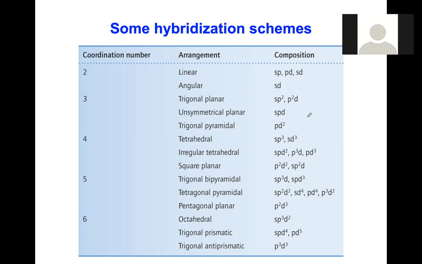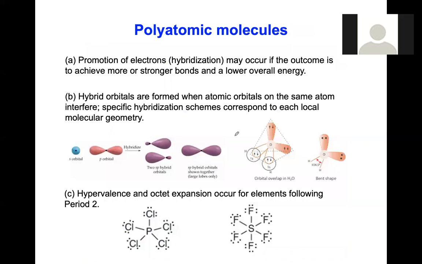You don't have to memorize this table, but at least you need to understand what sp2 and sp3 hybridization are. So I'm going to show you the example here. Let's use the water molecule. Think about the atomic orbitals around oxygen.